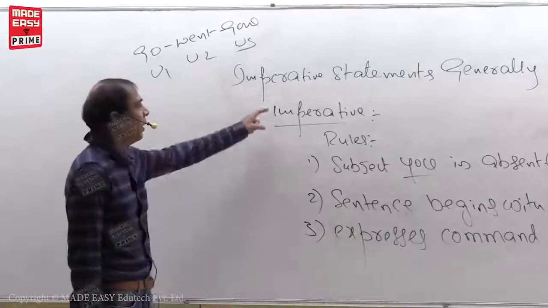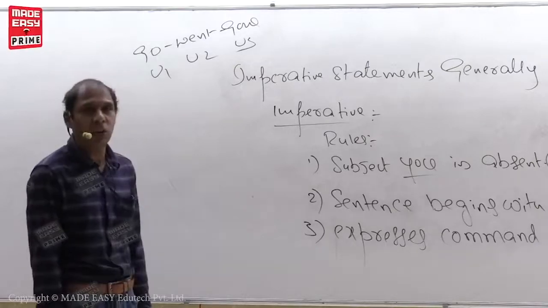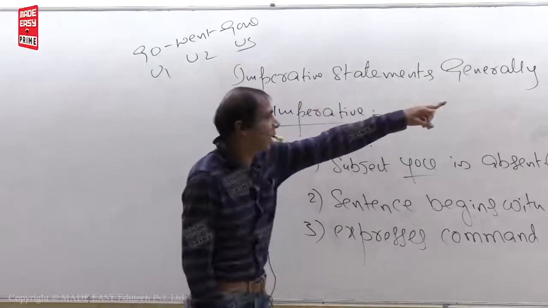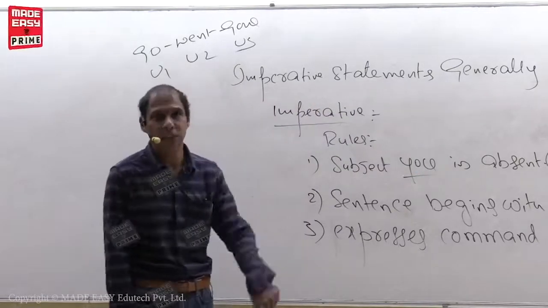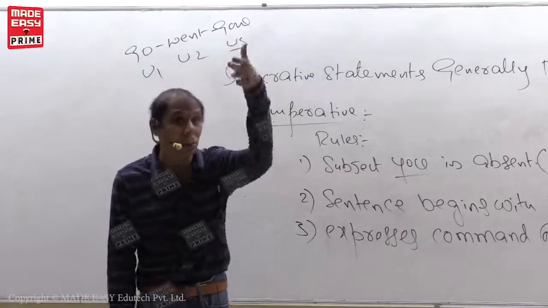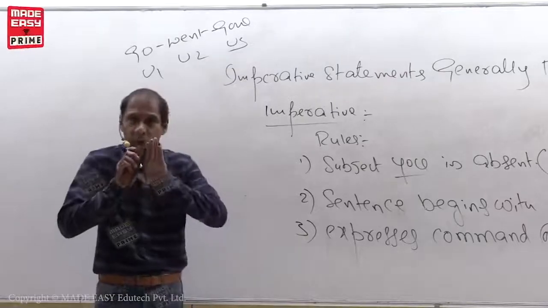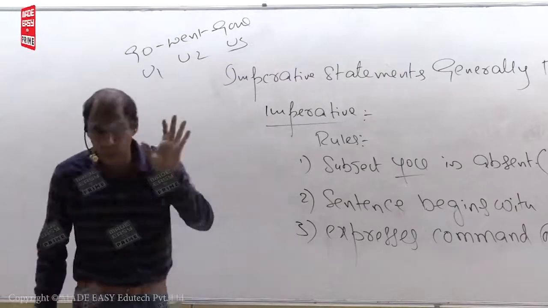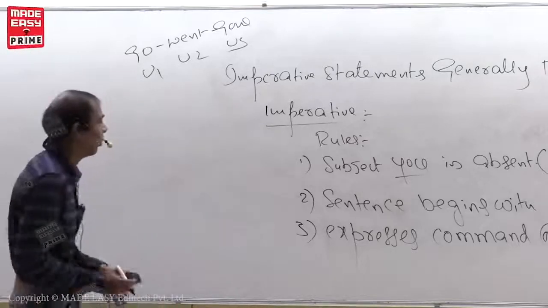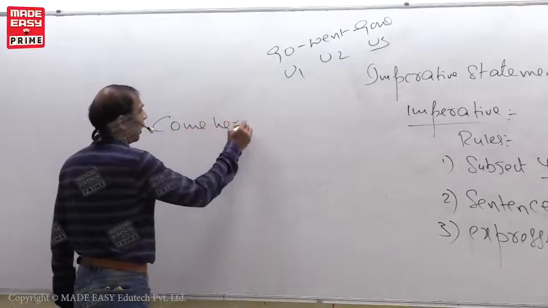My dear students, in the case of imperative statements, generally the question tag is will you. Imperative statements generally take will you in question tags. Okay? If the statement is in the form of imperative, the statement is positive or negative, we don't worry about it. Simply the question tag is will you. For example, come here.